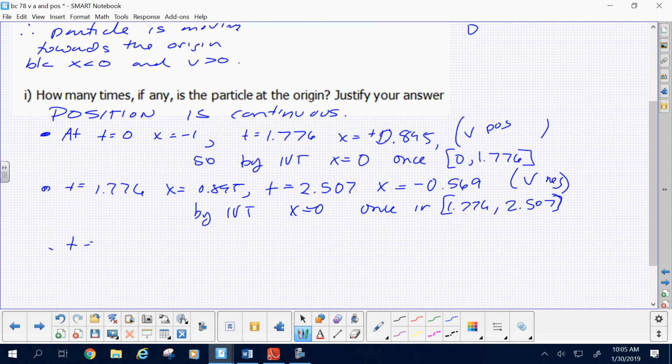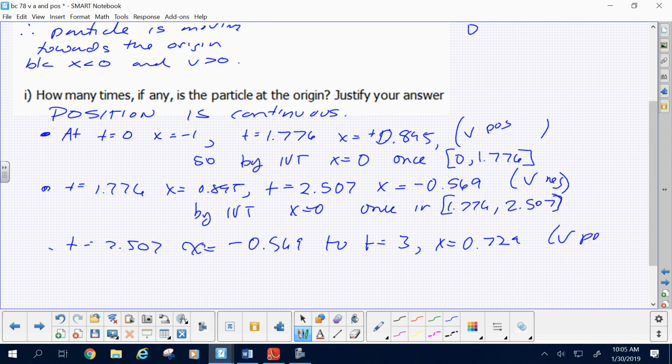From time equal 2.507, x equals negative 0.569 to x equal, when time equal 3, where does it end at? What's the last value at time equal 3? 0.729.